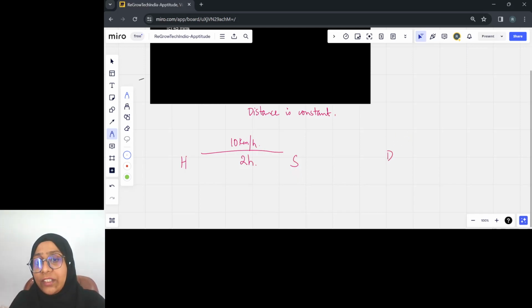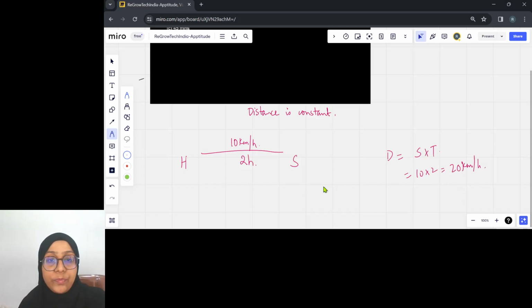Can be easily calculated with speed multiplied by time, which is 10 times 2 equals 20 kilometers. Oops, not kilometers an hour, this is distance, right? So 20 kilometers it is. So the distance between your home and your school is 20 kilometers.